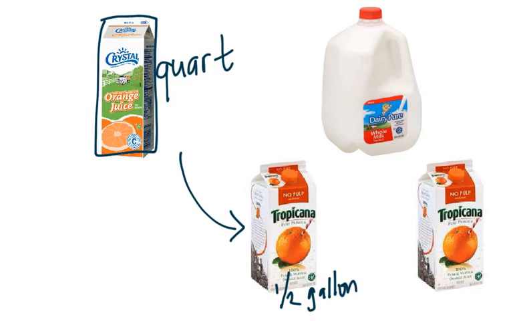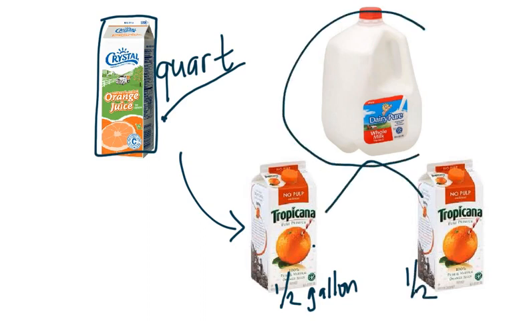And you would need 2 of these quarts to make a half gallon. So just because it looks kind of like a cardboard container you might be familiar with, I want you to know that a quart is different than this half gallon container. So here's a half gallon and here's a half gallon. So put those together and then you have a gallon.